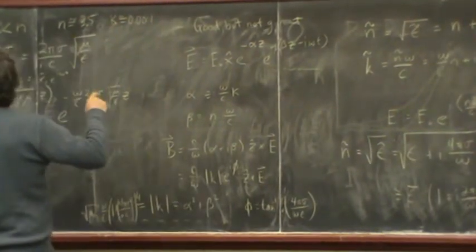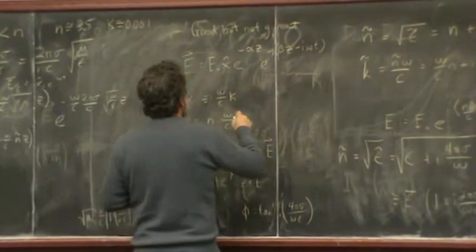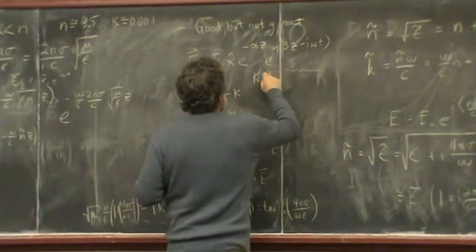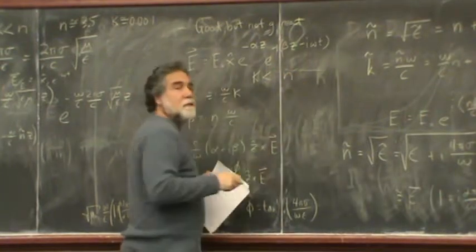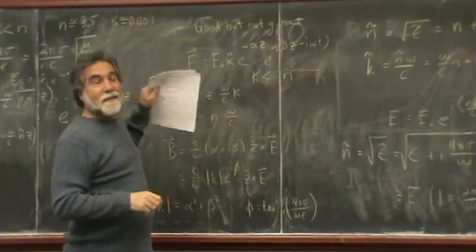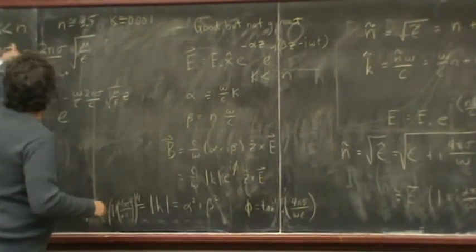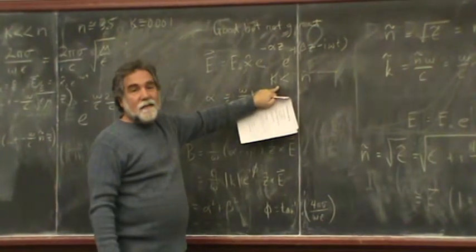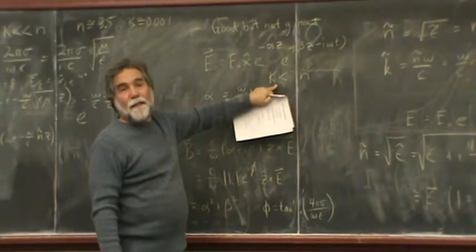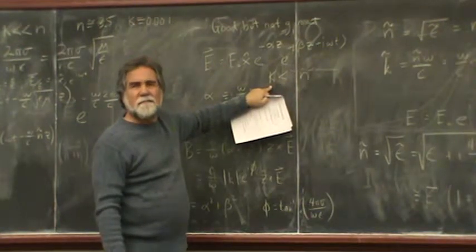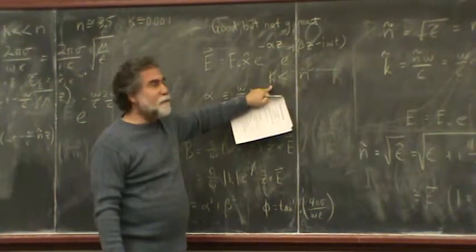That's a good question. Let me say here that kappa is less than n, but not much, much less than n. So this is poor, much, much less than n. Over here, less than n, meaning that it might be a tenth of the index of refraction, or just 100th of the index of refraction.